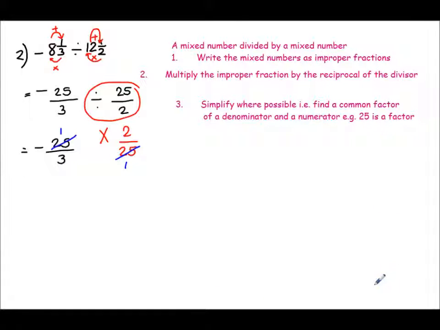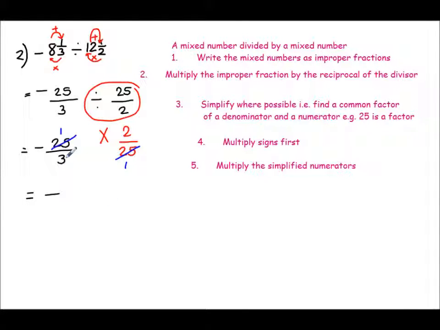Nothing else can cancel. Right, the first thing we have to deal with is the signs. Remember, a negative multiplied by a positive will give us a negative. So my answer is going to be negative. The next thing I have to do is multiply the numerators.